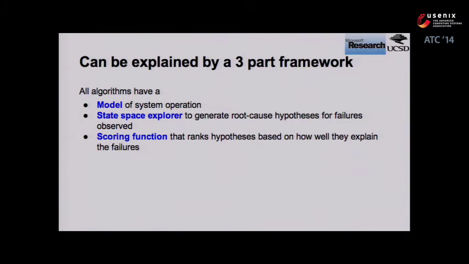All of these practical algorithms have a model that they use to figure out the system operation. Now, given this model, they are able to generate root cause hypotheses for the failures observed, and for this, they use something that we call a state space explorer.